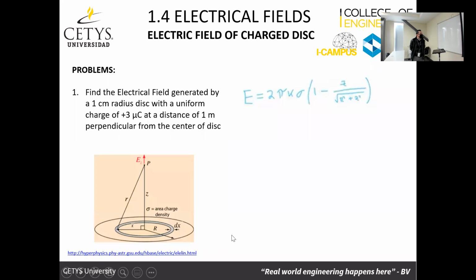The first one is a disk with a 1 centimeter radius and a uniform charge of 3 microcoulombs. We want to find the electrical field at a distance of 1 meter from the center of the disk, perpendicular to the center of the disk.